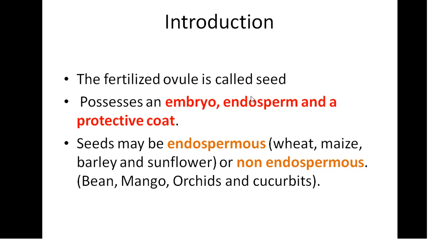Seeds may be endospermous or non-endospermous. What is an endosperm? In the last video we explained a lot about the endosperm. Endosperm means a triple fusion. Fertilization gives an endosperm.